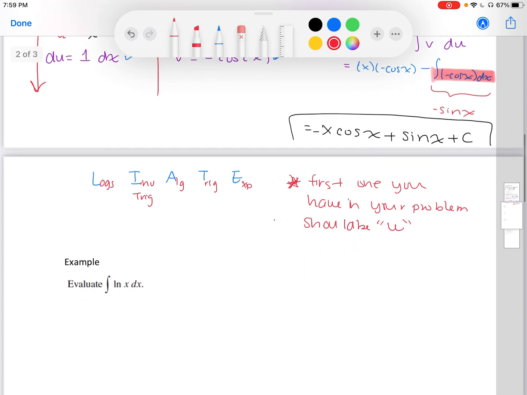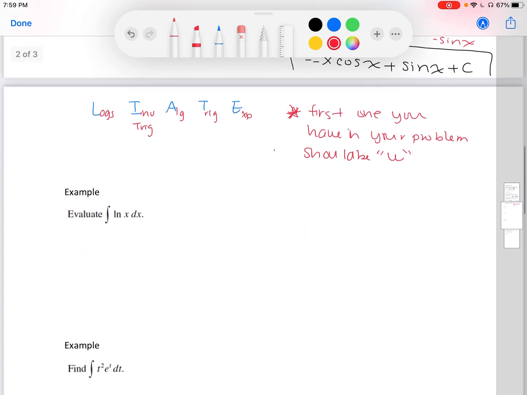Okay, let's do a problem here. So we have ln of x dx. To help us set up for integration by parts, we need to have something to be our u and something to be our dv. Let's rewrite it to be ln of x times 1 dx for our integral, so that we can see them as two different things.